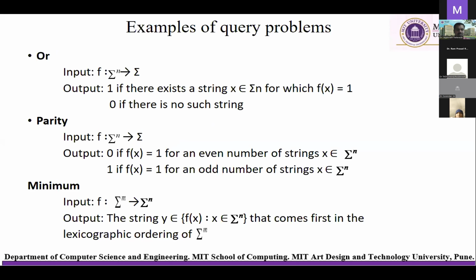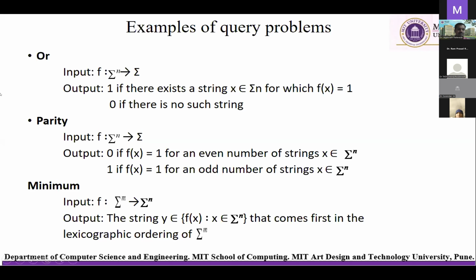OR, all of you know: the input will be n bits, and the output may be 0 or 1. The output will be 1 if there exists a string x belonging to the n bits for which f of x is equal to 1. Otherwise, the output will be 0, meaning there is no such string.